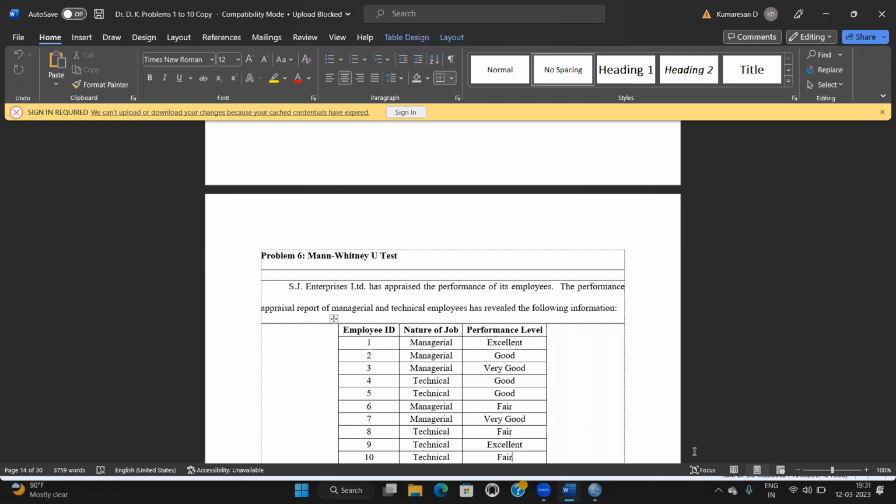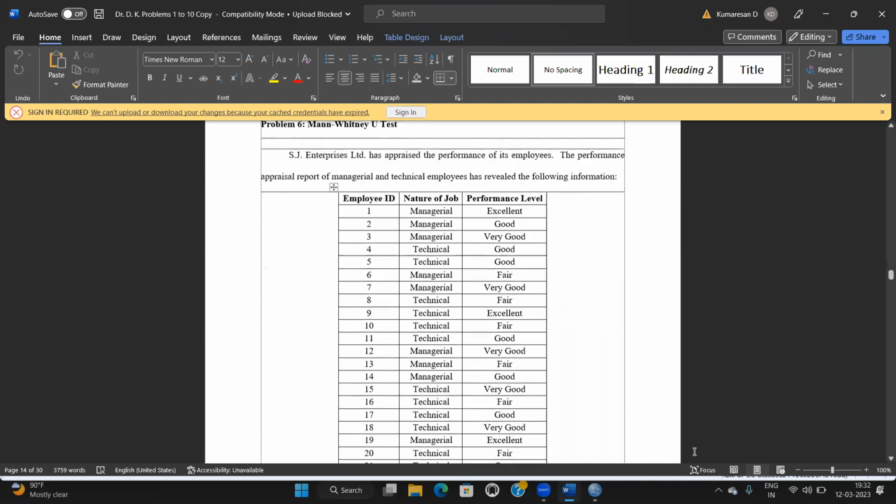The data should be ordinal data. So at the time of constructing your questionnaire, you can decide your questionnaire like this. The question should be framed like ordinal data. That's all.